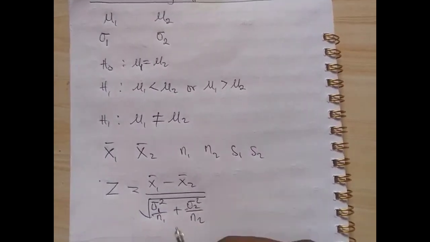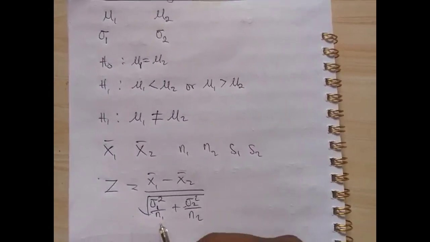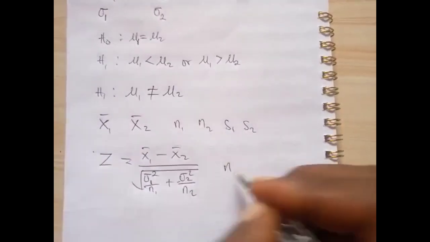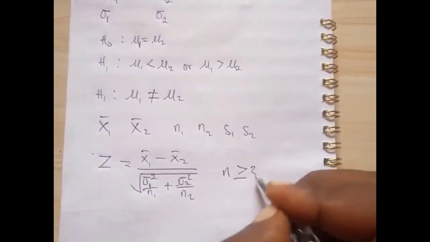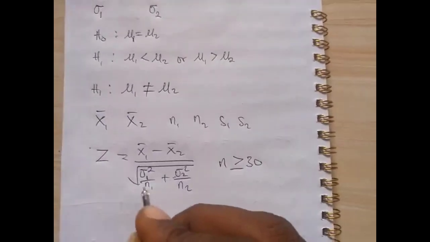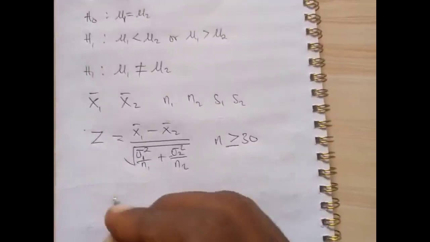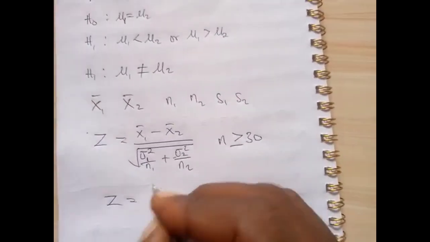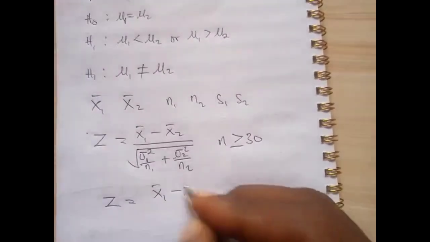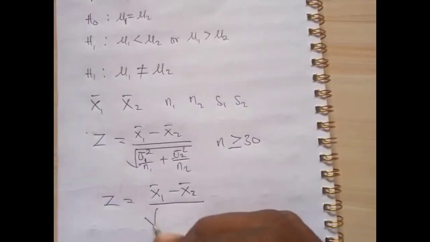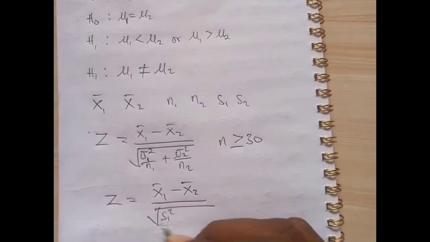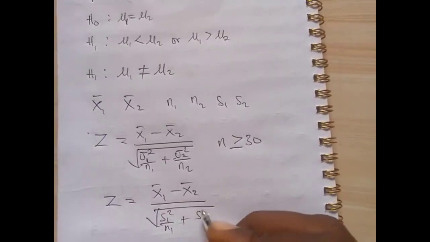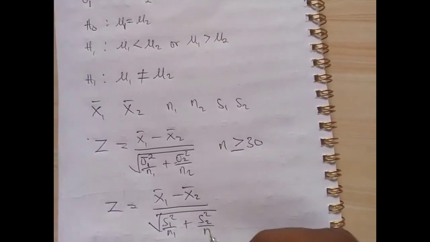But when we don't know them and the sample sizes n1 and n2 are greater than or equal to 30, we estimate them with the sample standard deviations: S1 squared over N1 plus S2 squared over N2.